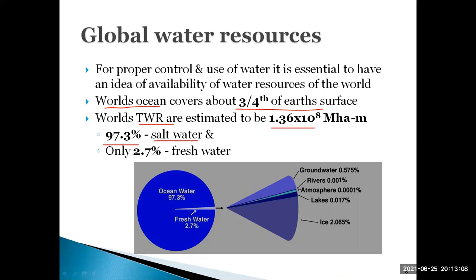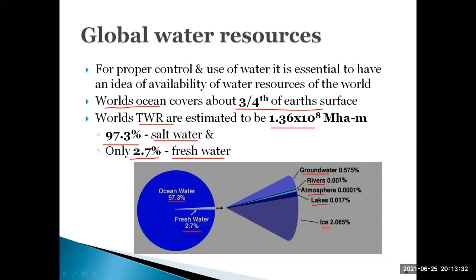97.3% is salt water, and only 2.7% is fresh water, as you see here in the figure. So ocean water or salt water is around 97%, and fresh water is only about 2.7%. Again this fresh water is subclassified into groundwater, rivers, atmospheric water, lakes and ice.